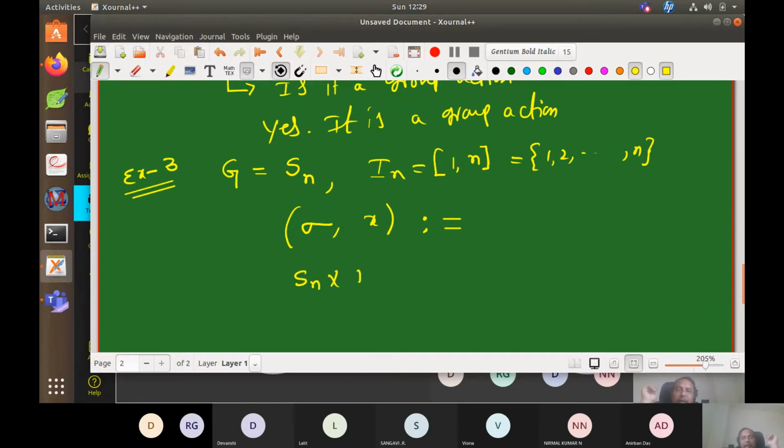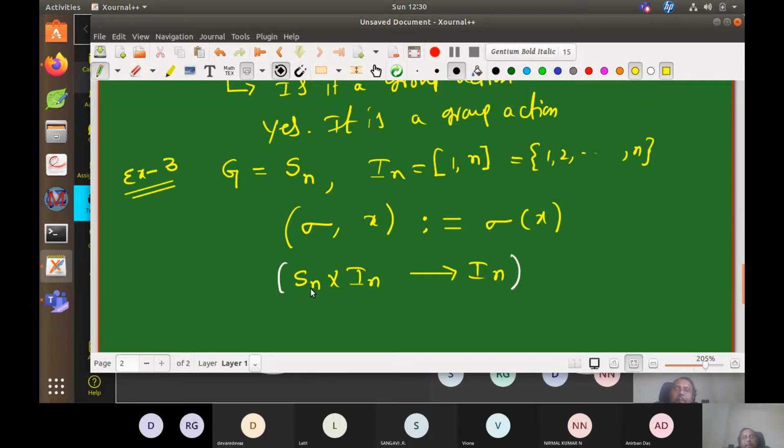Remember that I need a map from Sn cross In to In. Sigma of x, right? So check again, correct. It is a map from Sn cross In to In.